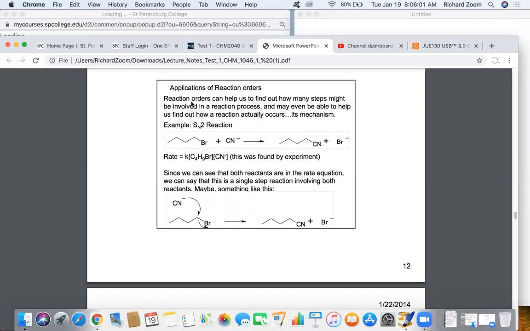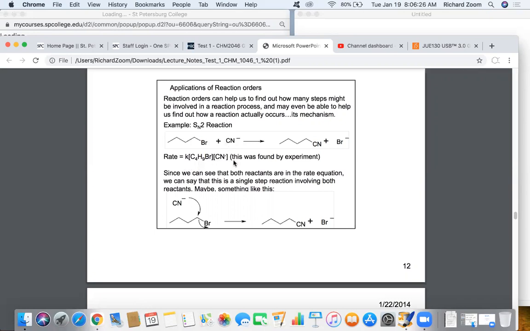So here is an example here. It's an SN2 reaction. Don't worry about what SN2 is, but it is a certain kind of chemical reaction. The C4H9Br is this creature here. And each of these represents a carbon, and there's hydrogens on each of these, just not drawn in. So this whole thing is C4H9Br, and we got a reaction here with CN minus.